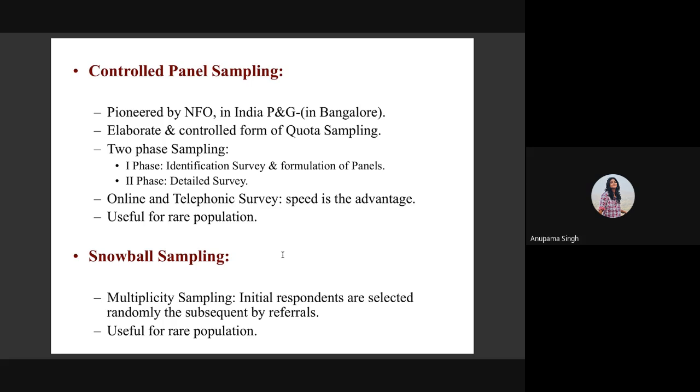It needs more technical advancement, because in this process we have the information of the entire population, right? Different kinds of information, whether it is education or income groups, various income groups, and we already have the information of that. And then we make panels, like in quota we made quotas. For example, we can make panels based on age, caste or religion, different standards of living or income groups, right?